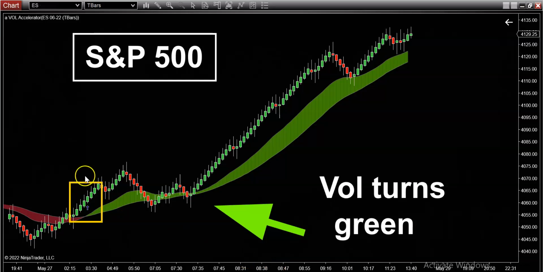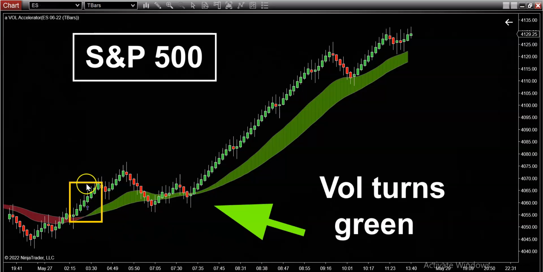And what that means is now it's telling you that, hey, look, buddy, volume has shifted from the sellers being in control of the price action to the buyers being in control of the price action. You understand? And it's giving you somewhat of an early notification or a heads up that, hey, look, we might be in store for higher prices when it turns green.